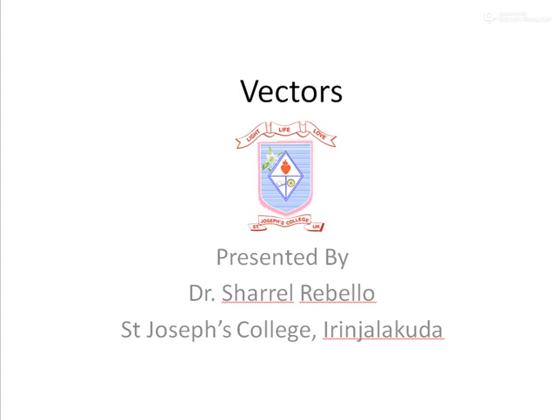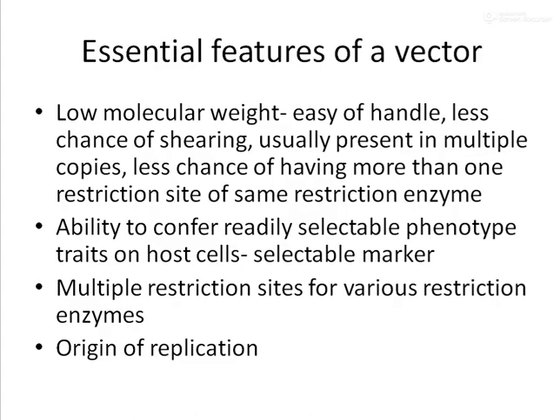So, if something has to be a vector, capable of carrying a foreign DNA, it should follow certain features. Now, what are they? Usually, we choose vectors which are of small size, because if they are of low molecular weight, they become easy to handle, and moreover, the chance of shearing of the vector DNA is very low.